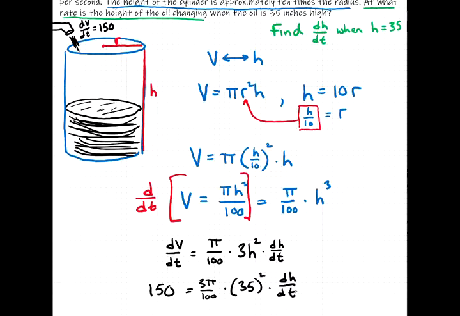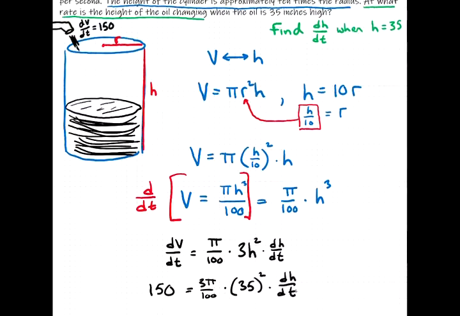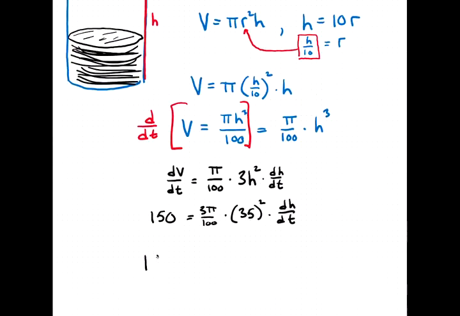And we'll multiply that by 3. Okay, so 150 is equal to 3,675 pi over 100. So that's the 3 over 100 times 35 squared. So that gives us 3,675 over 100, and that's multiplied by pi, and of course, that is times dh/dt.